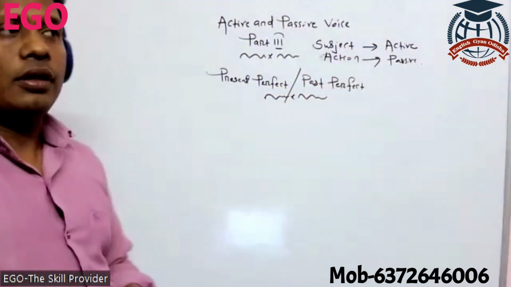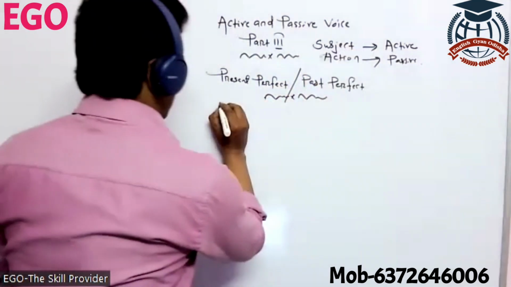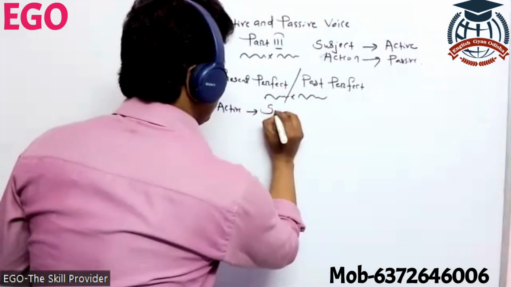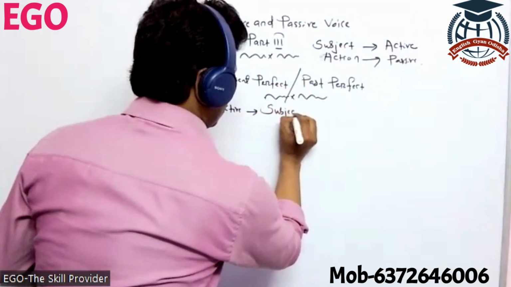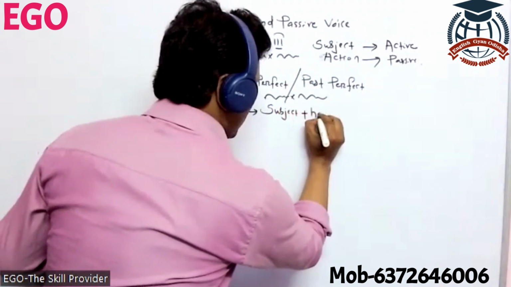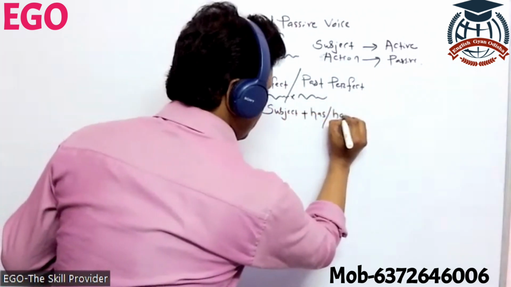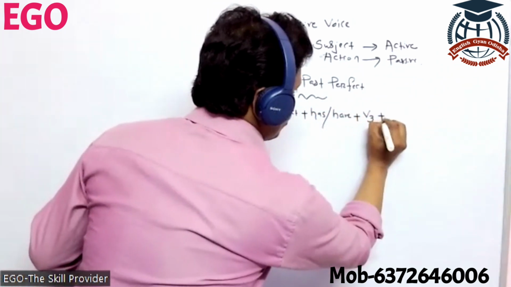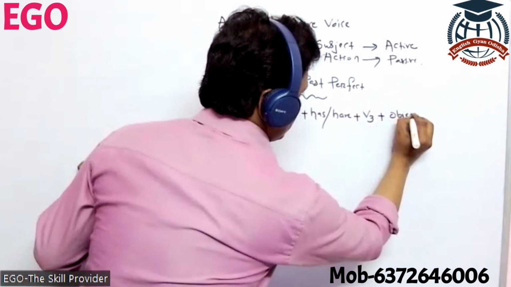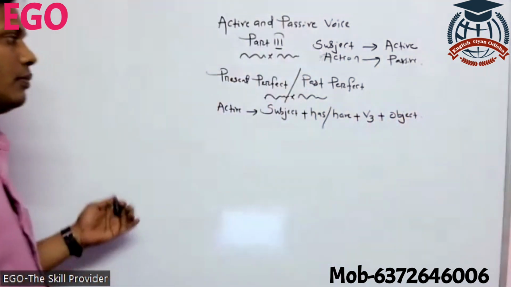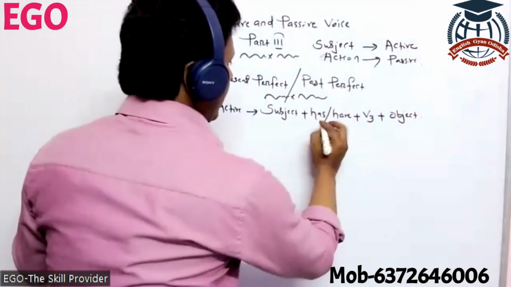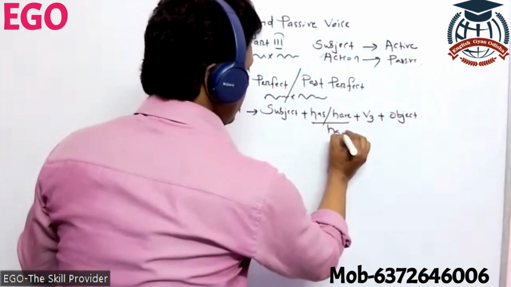Just check how active is being done. You know active is subject plus has or have plus V3 plus object. This is how it is done. And in past, what will happen, in place of that you will use had.